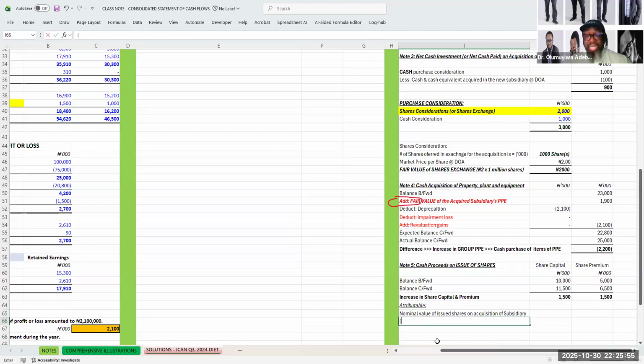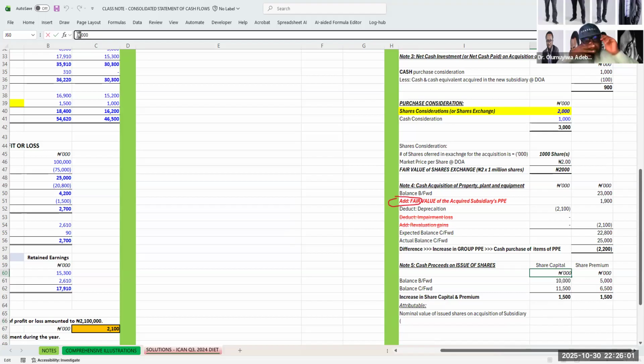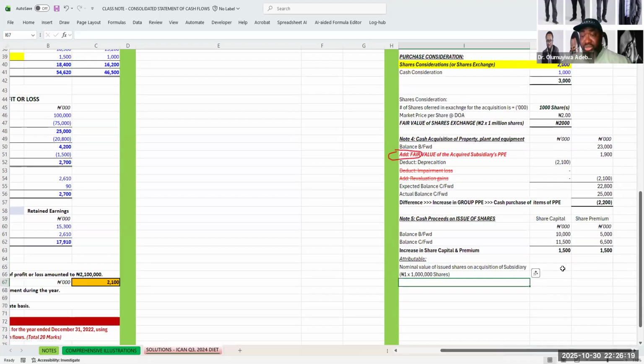And what it means is 1 naira multiplied by that 1 million shares gave us an increment of 1 million.